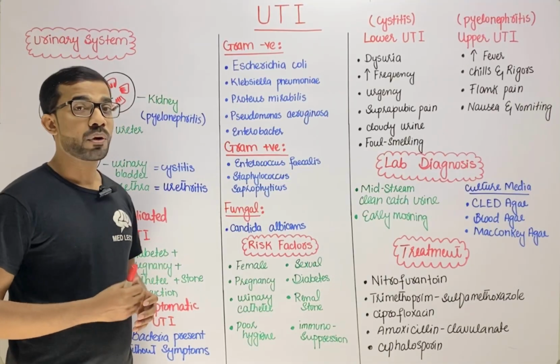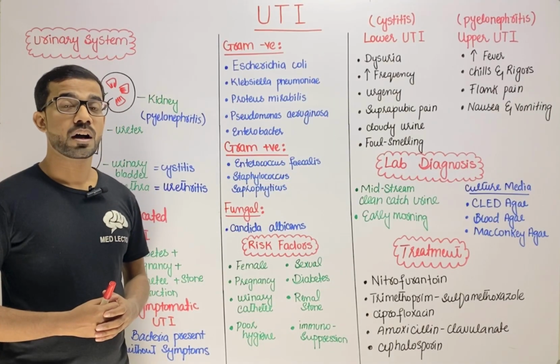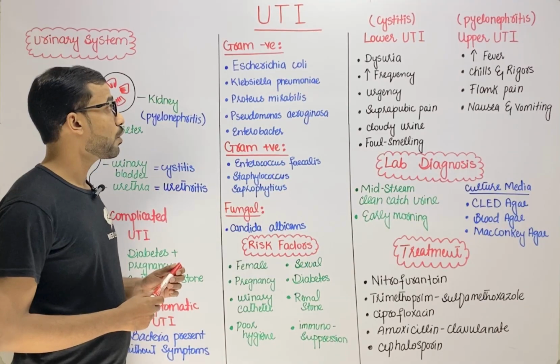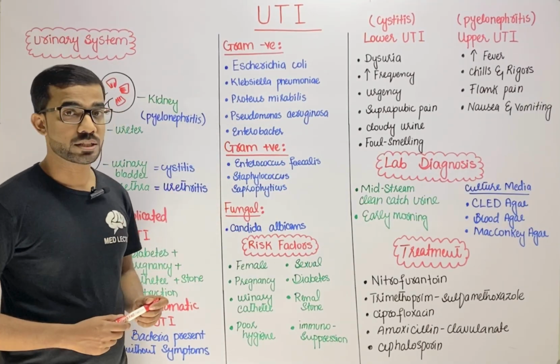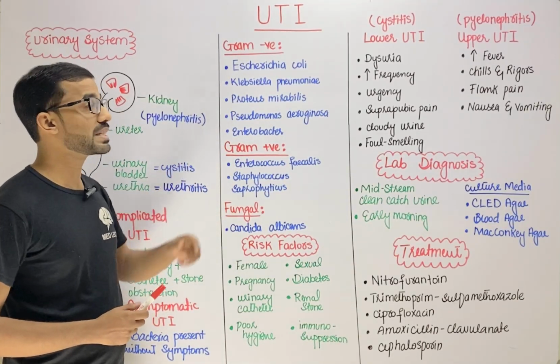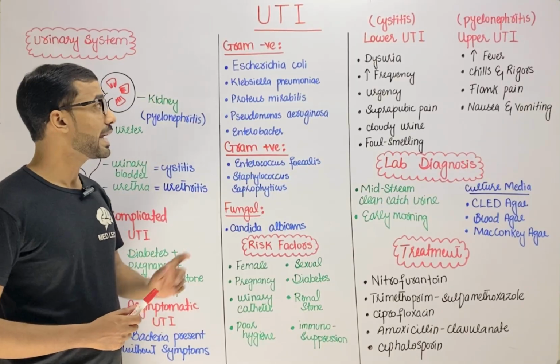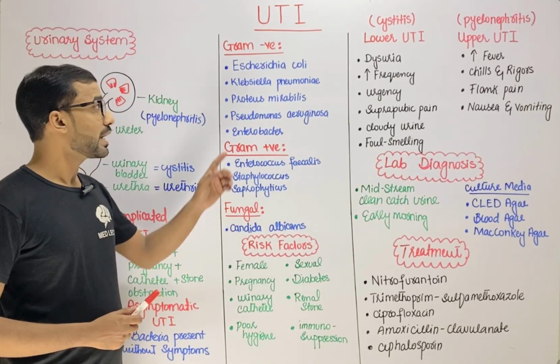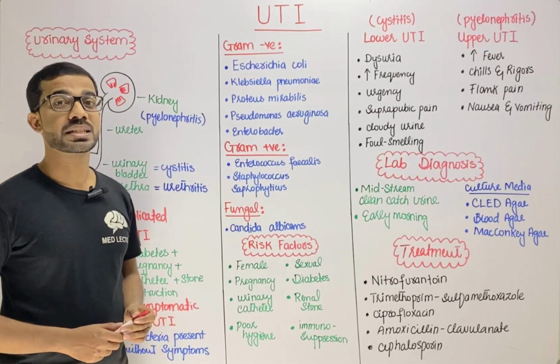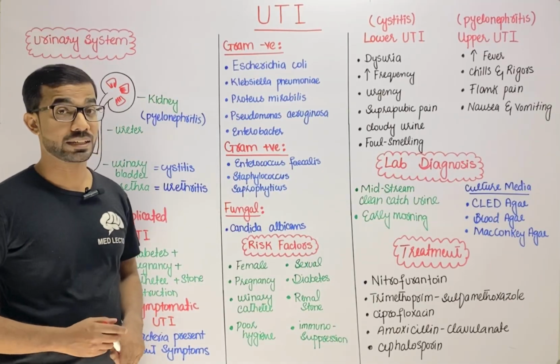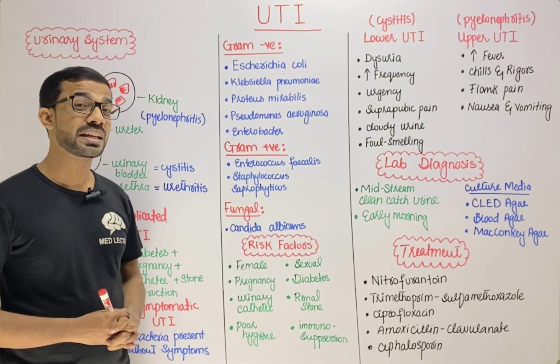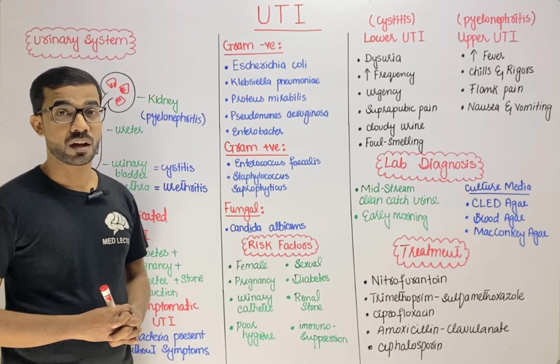Now we will see what the different bacteria causing UTI are. So gram negative and gram positive bacteria. In the gram negative, you will see Escherichia coli, E. coli, Klebsiella pneumoniae, Proteus mirabilis, Pseudomonas aeruginosa, and Enterobacter. So these are the different gram-negative bacteria that cause the UTI.